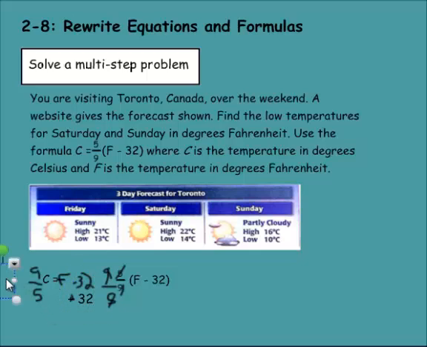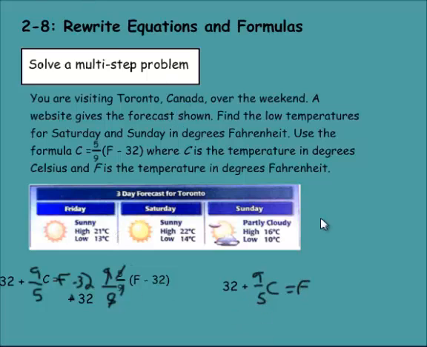And then add 32 over here. So what does that give me? 32 plus 9/5 C equals F. Let's write that over here. 32 plus 9/5 times C equals the degrees in Fahrenheit. So the F is all by itself now.